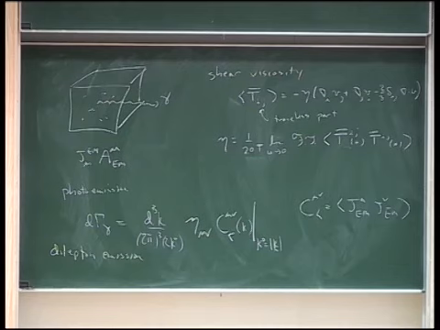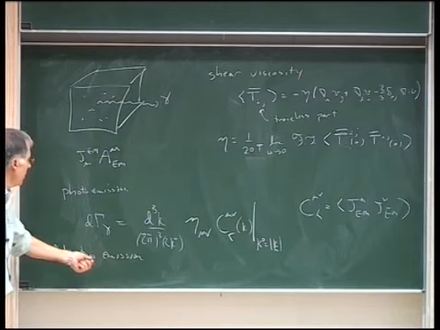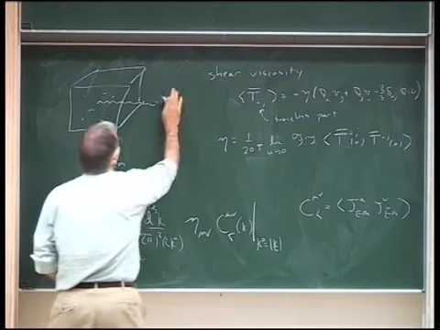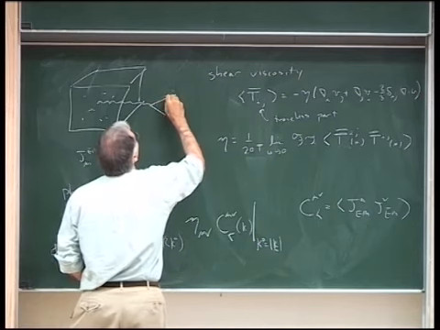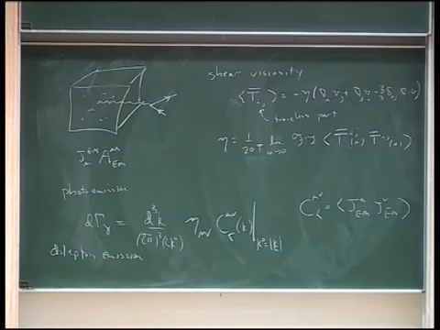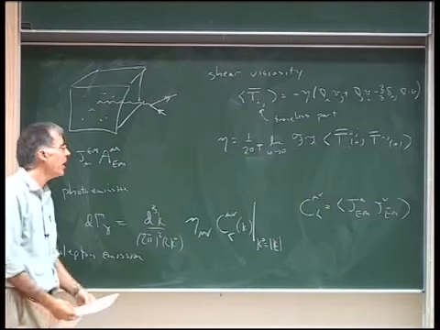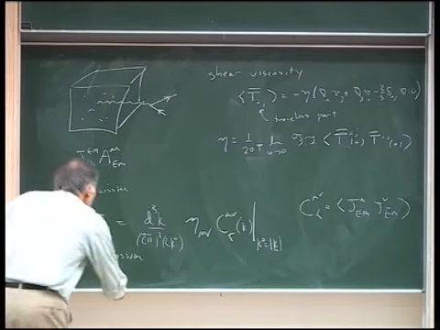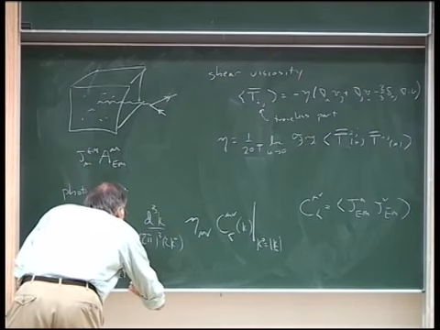If you think about how you produce pairs, mu mu bar, for example, dileptons coming out, it can be exactly the same picture, except instead of turning into a real photon, you have a virtual photon, which is off shell, that turns into a dilepton pair. And so there's a completely analogous formula.